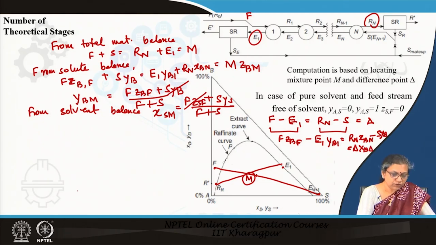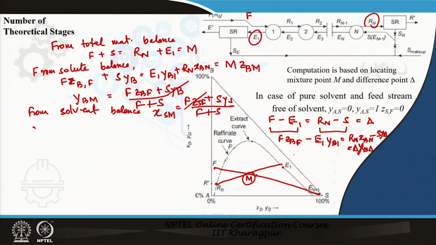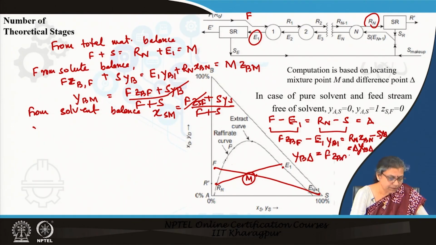In fact, it should be Y B delta, not X, because we shall be getting the Y coordinate from here. So, from here we are going to get Y B delta, equal to F Z B F minus E1 Y B 1 divided by F minus E1, and in the same way you can find out the X S delta as well.